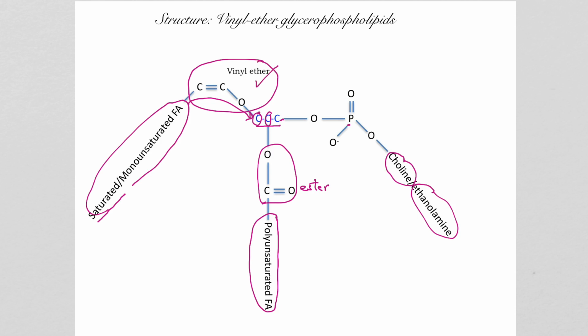And that's what makes this compound, or this class of compounds, this is not just one compound, could be many different compounds, because these fatty acids could be different. And this could be choline or ethanolamine. So this represents many different compounds. But what's unique about this class is this vinyl ether linkage.